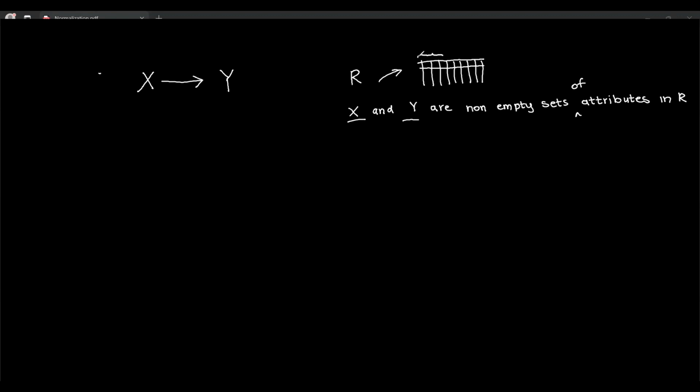These three attributes can be X and these two attributes can be Y. Or these three attributes can be X and these three attributes can be Y. It depends on the selection of attributes. But keep in mind, X should have at least one attribute, and Y should have at least one attribute. That's why we use the word non-empty sets.